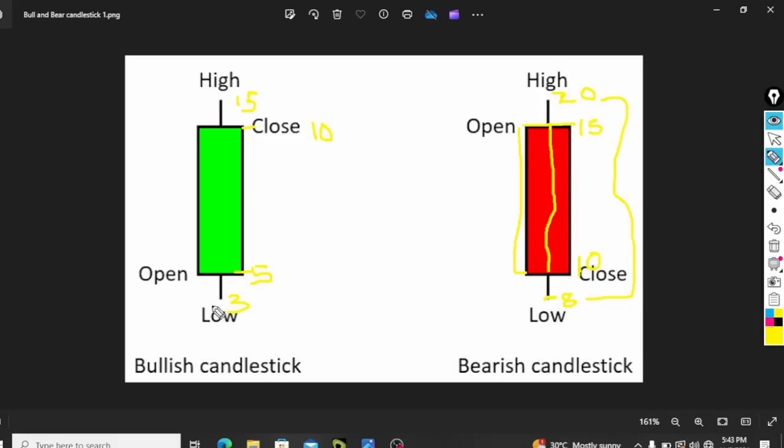So if you are able to understand this key difference, then it means that you will actually know the structure of the candlestick, and understanding the candlestick body and structure is exactly the starting point of mastering the candlestick.